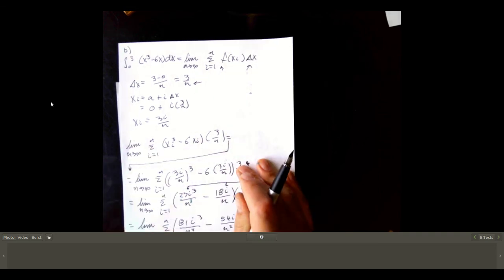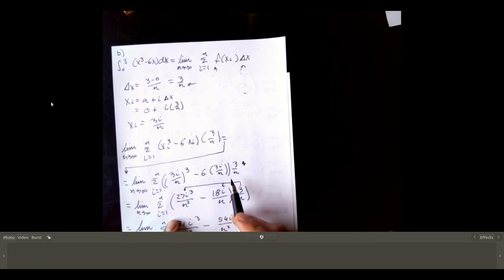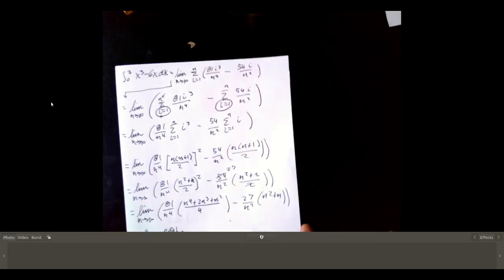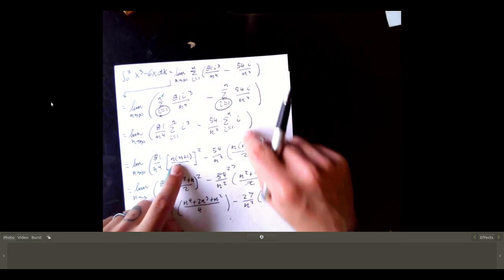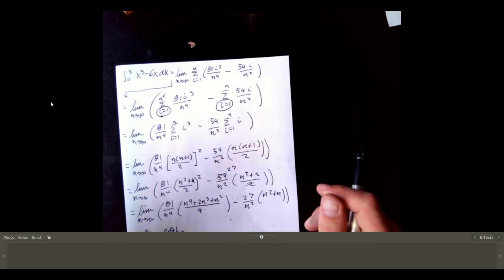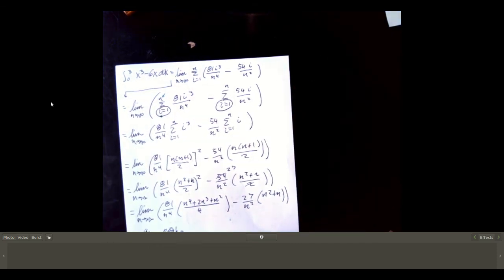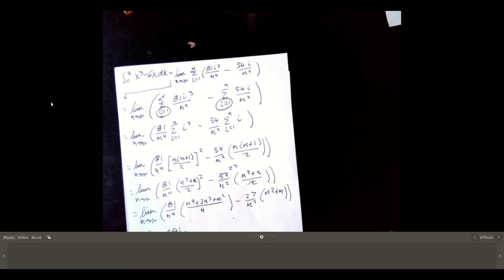This limit you just write every time until pretty much the very last step. And you're going to try and algebraically manipulate this so you can use the definitions that I gave you a couple moments ago. I'm sorry, they're on the floor right now. I can't find them. We're trying to use the sums of i's, sums of i squareds, and sums of i cubed formulas.